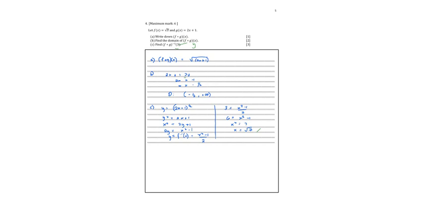You can also just find the g of 3. So g of 3 is equal to 2 times 3 plus 1.